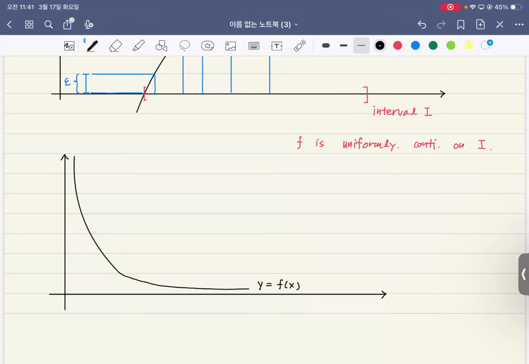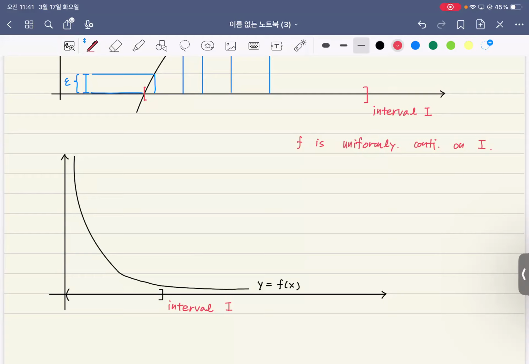And my interval is this. This is the interval. And I want to find out if this function is uniformly continuous on the interval I or not. I guess you understand this notation. This is the parenthesis and this is the bracket. So this means this point is excluded, but this endpoint is included. Sometimes we say this is a half open interval.